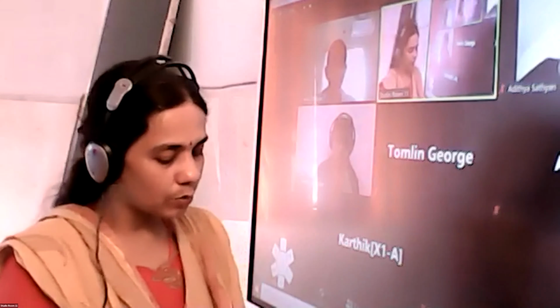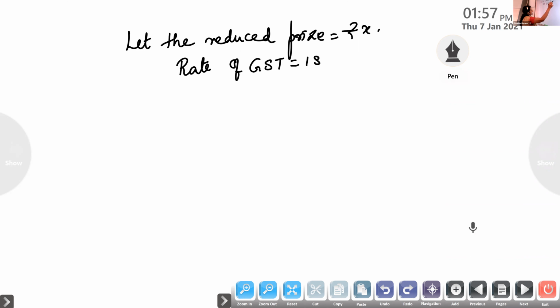So let us take the reduced price to be rupees X. Now what is given? The rate of GST is 18%.